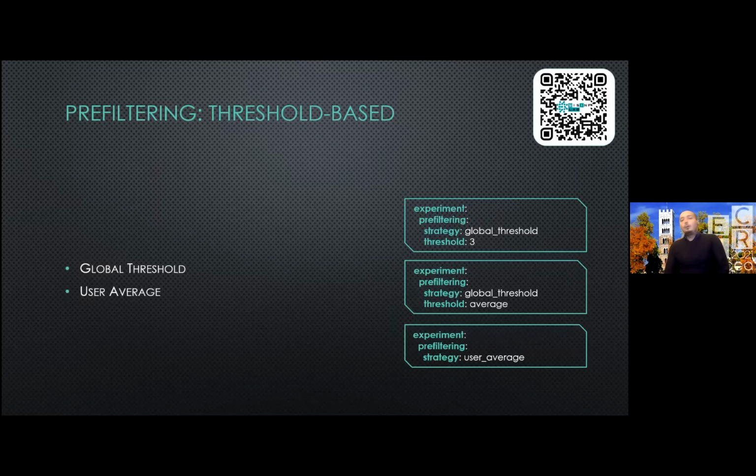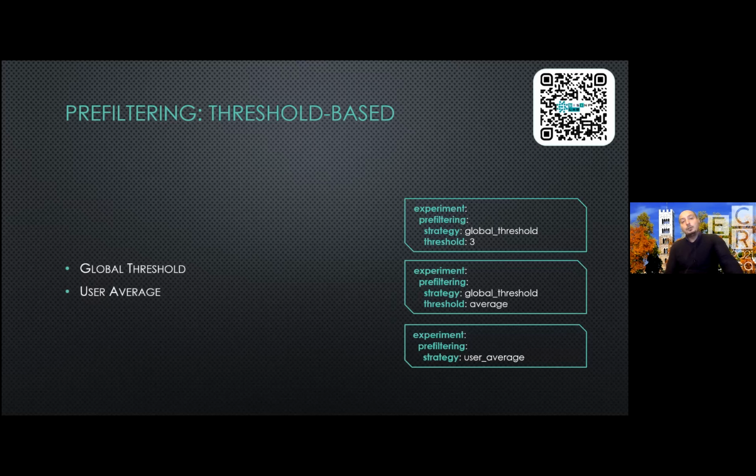For what regards the pre-filtering operation, we have said that we have a lot of possibilities in our community. So we have the most adopted strategy, that is the threshold based. In this case, you can define a fixed threshold. Like, let's say in MovieLens, you can say that you use a fixed threshold of 3, and you get all the transactions with values that are 3 or greater.